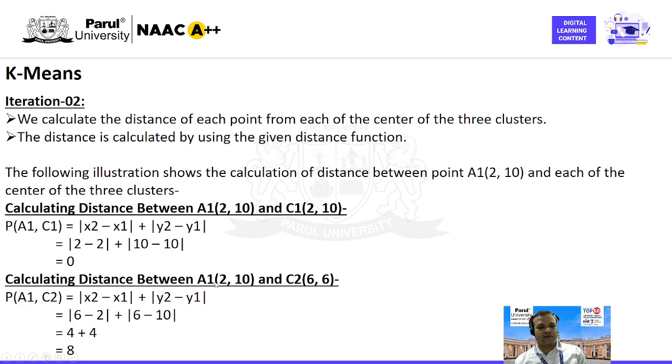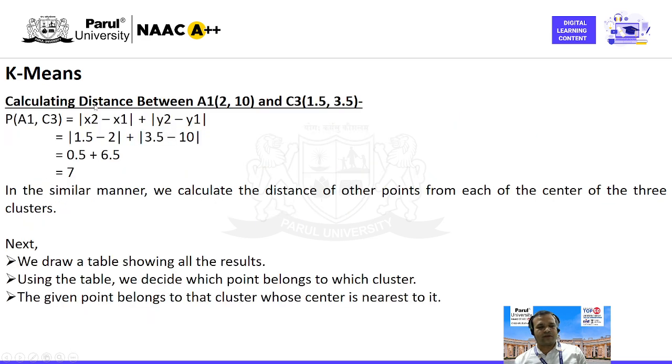Calculating the distance between A1 and new C2, which is 6, 6: put all these values and we get 8. And calculating the distance between A1 and C3: put all these values in the given formula, and we get 7. In a similar manner, we calculate the distance of other points from each of the 3 centers.